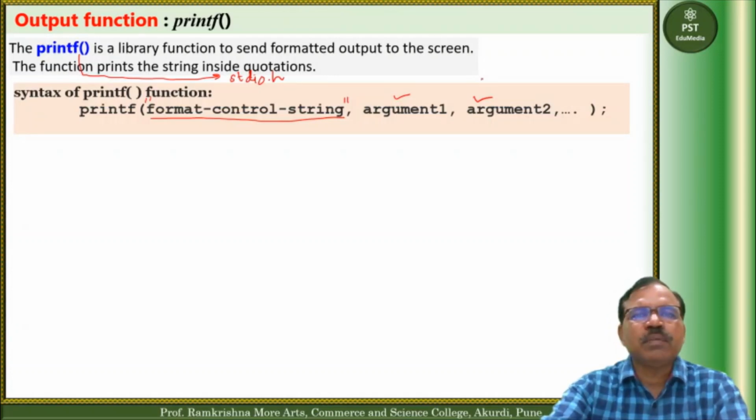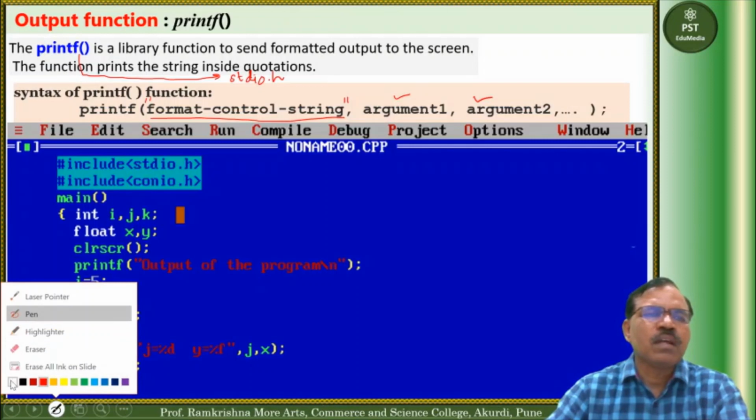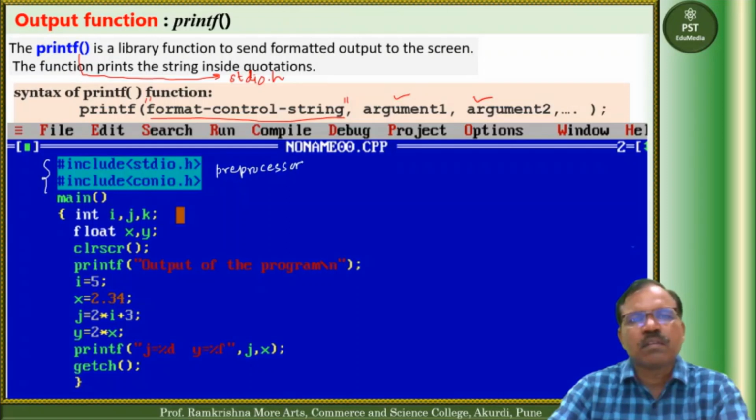Now let us see a simple C program to explain the printf function. Here we have a C program. These two statements are preprocessors. Here, first the stdio.h file is included, then the conio.h file is included.